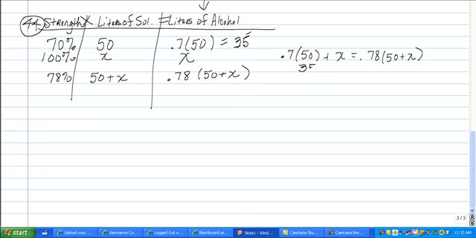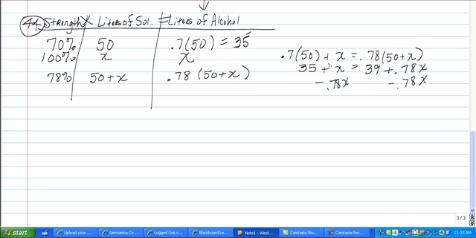So we know that's 35. And we want 0.78 times our 50. It's 39 plus 0.78x. Okay, so we want to subtract, get our x's together.